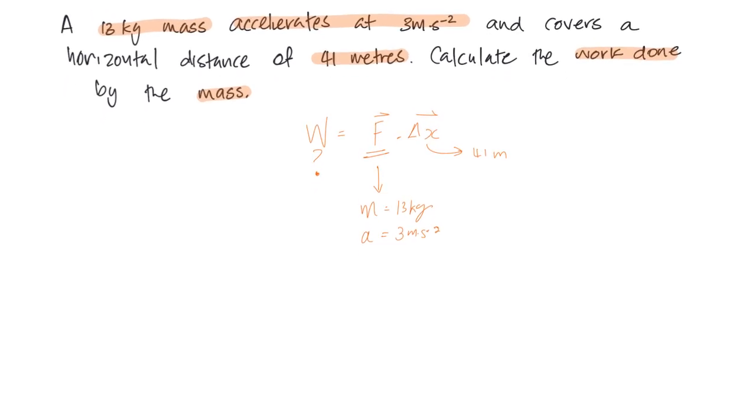So the first thing you want to do is find the force using mass and acceleration, and that gives us F net equals ma, which comes from Newton's second law. So you've got 13 multiplied by 3, and that gives you an F net of 39 newtons in the direction of motion.